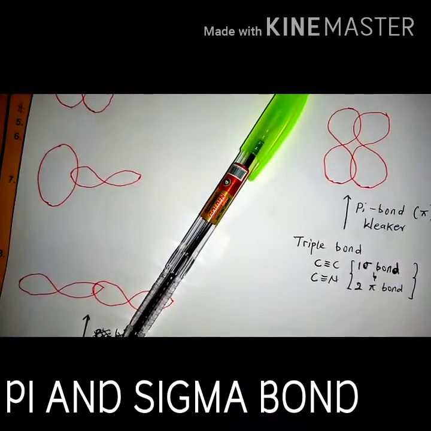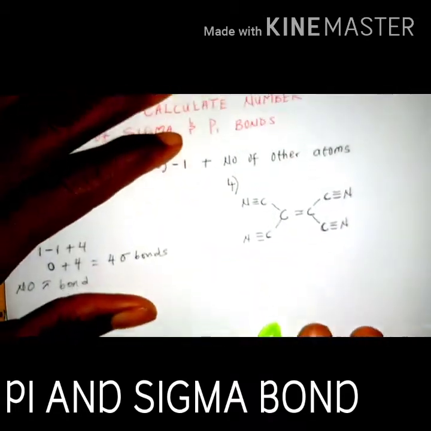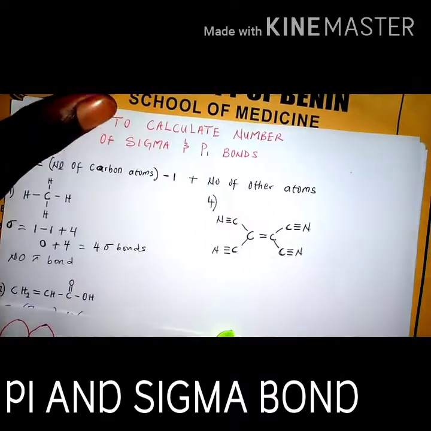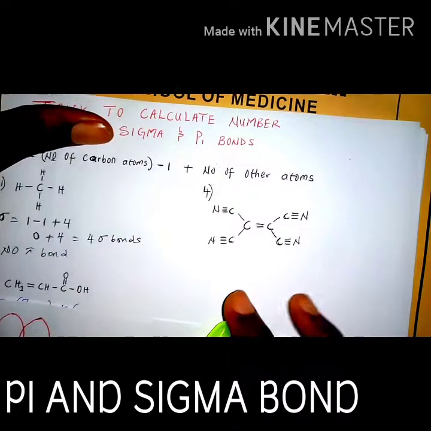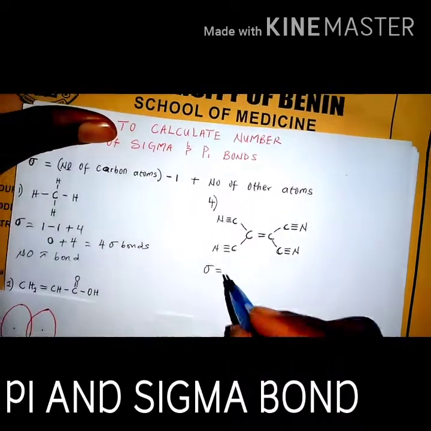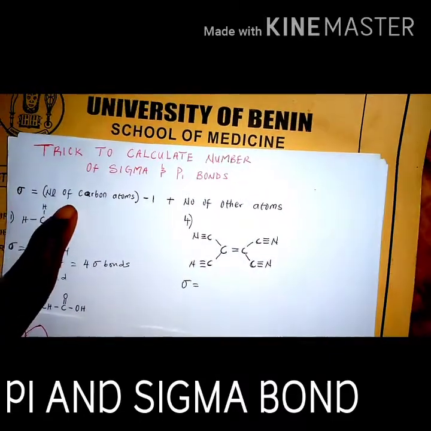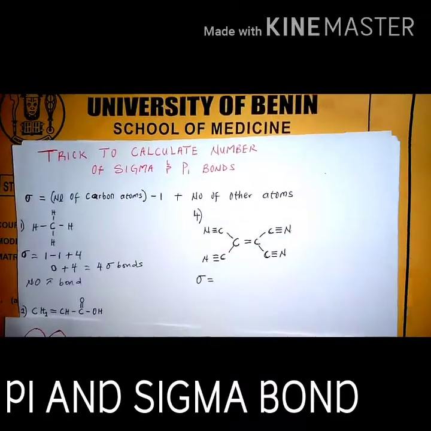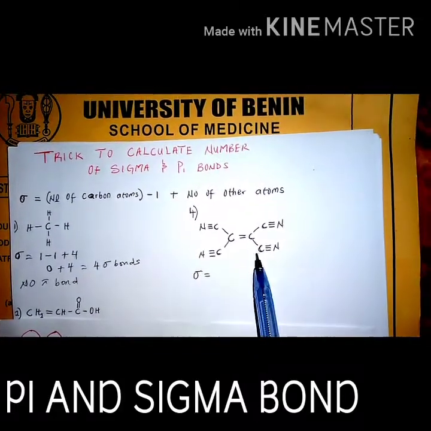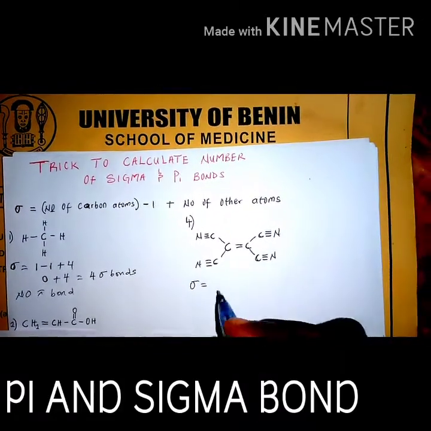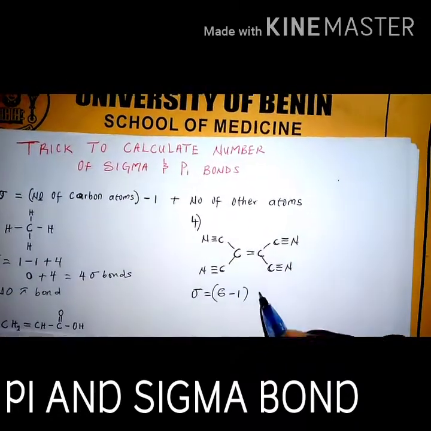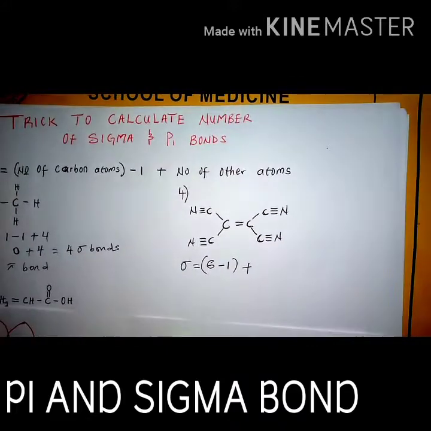Now let's run through question 4. Now this structure is quite amazing. Now let's determine our number of sigma bonds first. Sigma bonds, you know, is equal to the number of carbon atoms. Now how many carbon atoms do we have here? Let's count. We have 1, 2, 3, 4, 5, 6. 6 carbon atoms minus 1 plus number of other atoms.